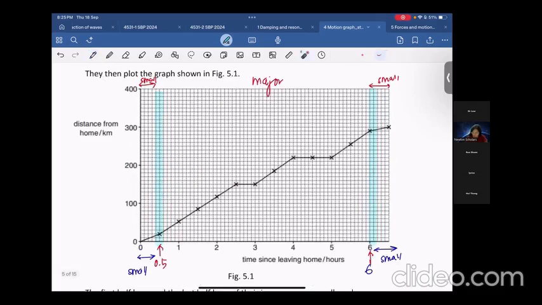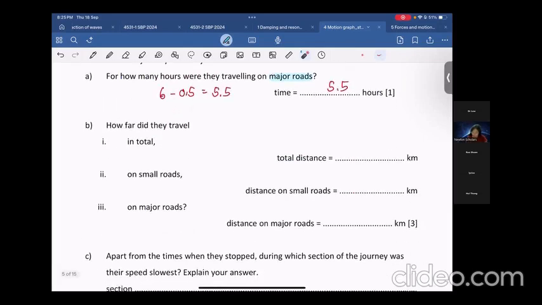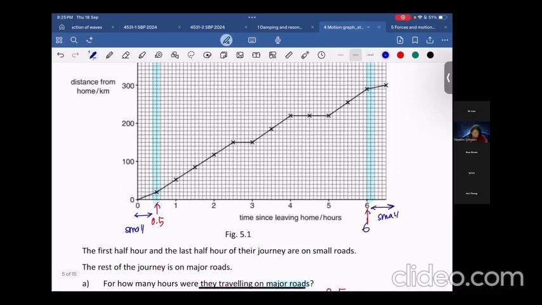Okay, boys and girls. In total we have 300 kilometers. The small road is the first and last section. Here is 20.